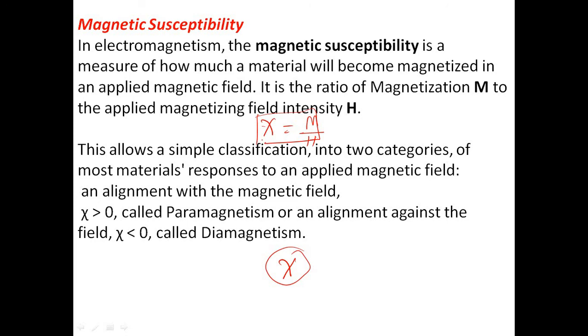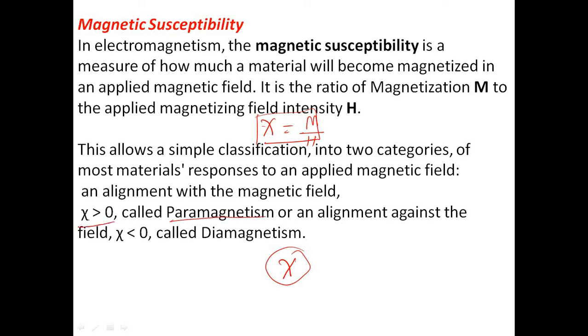Why is this concept important in magnetism? This concept allows a simple classification into two categories, since most materials respond to the applied magnetic field, meaning the magnetic dipoles align according to the magnetic field. Where the susceptibility is positive, it is called paramagnetism.